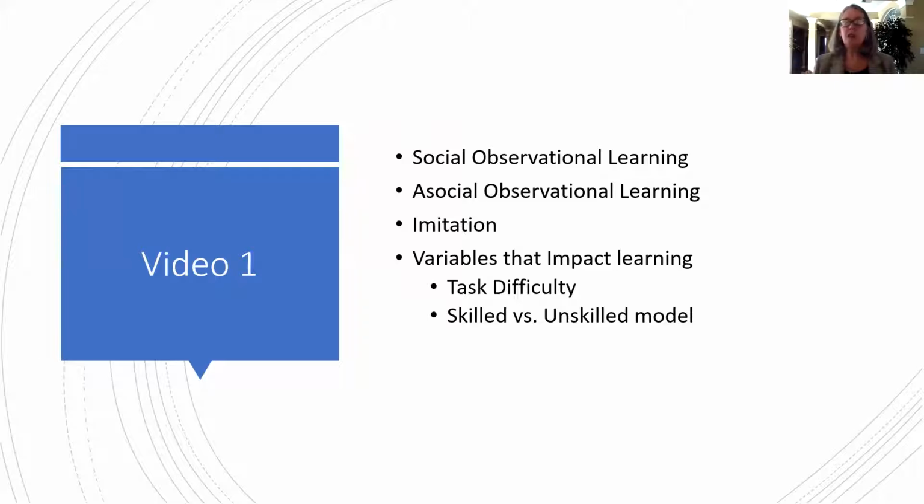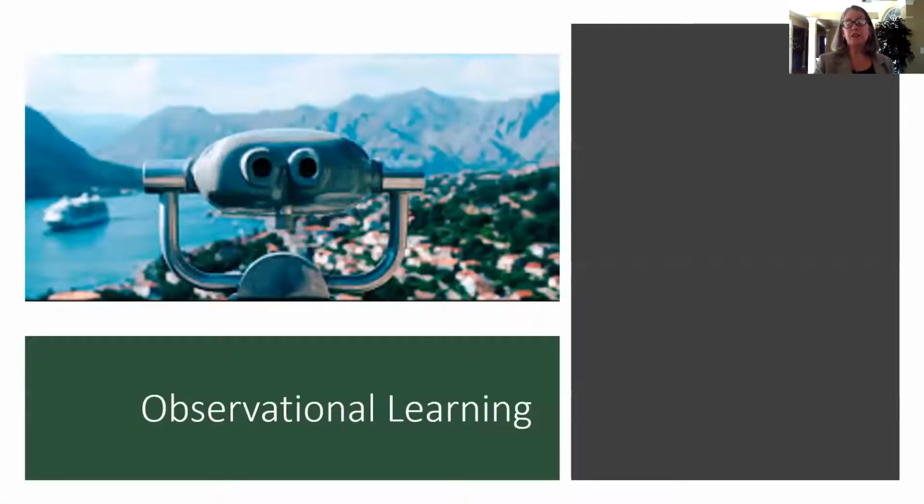So in video 1, I'm going to talk about social observational learning and asocial observational learning. I'm also going to talk about imitation and then 2 variables that impact observational learning, task difficulty, and the skill level of the model.